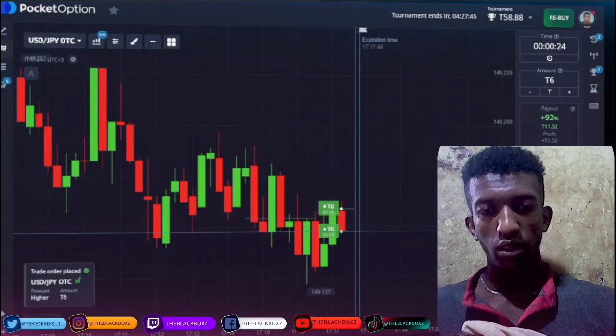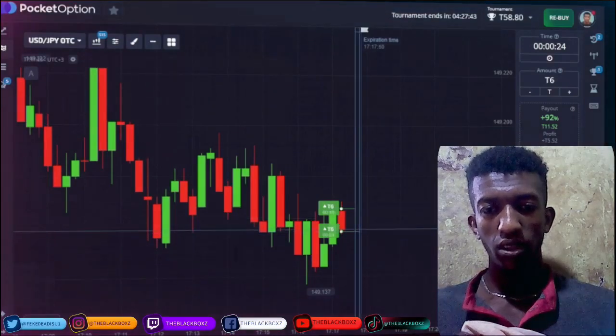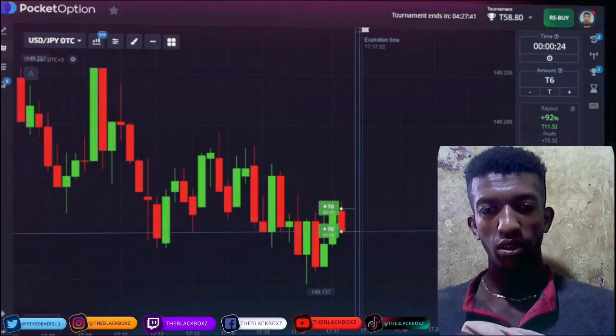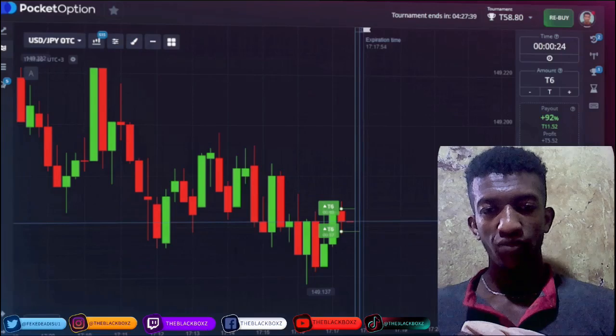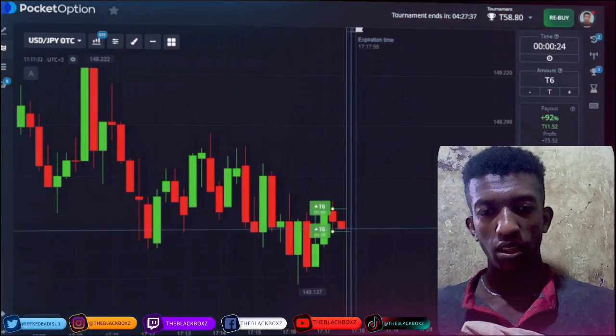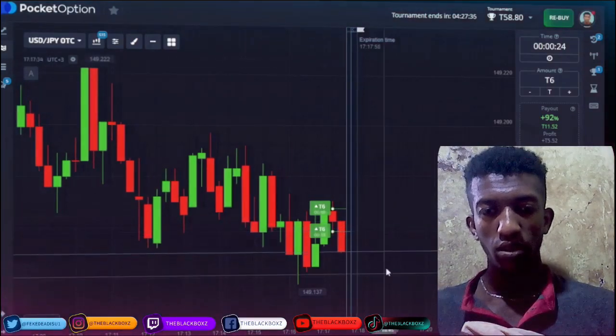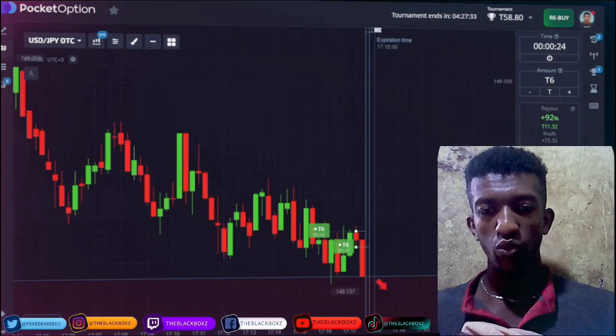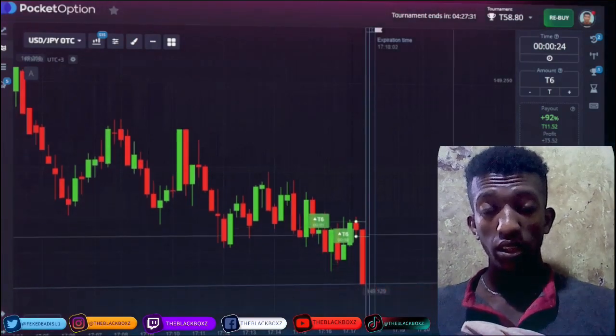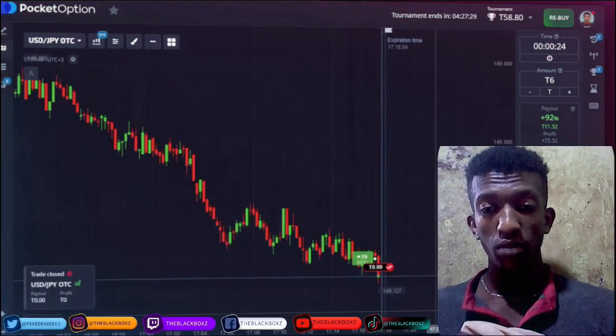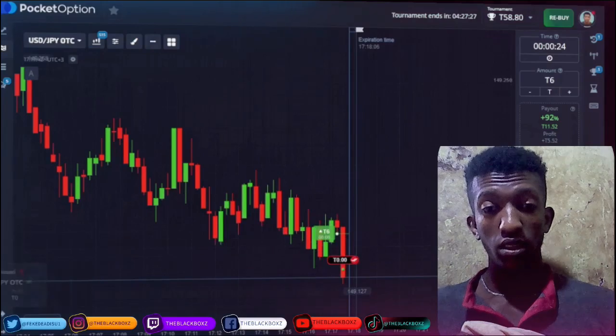As you can see, I bought here and I bought again because of the second model. So before entering a trade on the second model, what you gotta do is wait for a confirmation like a bullish or a bearish candle, okay? Alright?